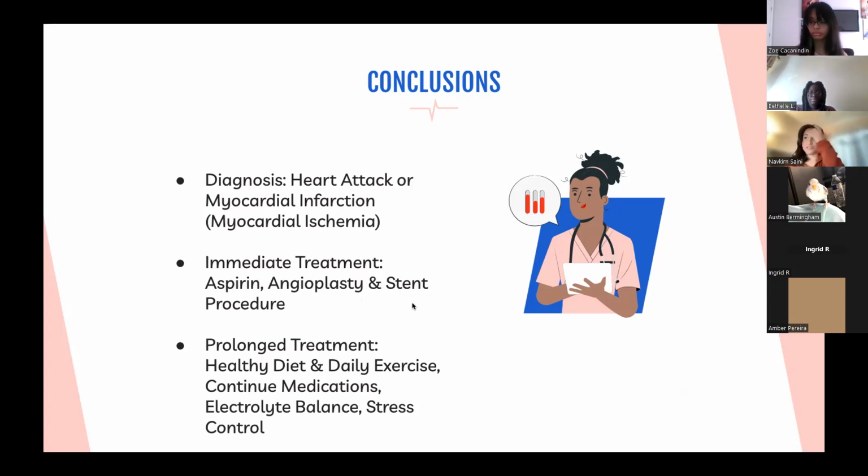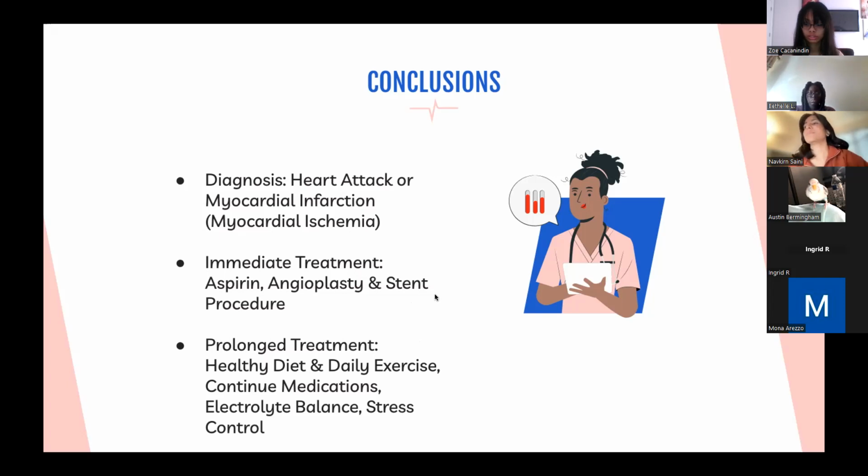So if you don't know, an angioplasty is a special type of tubing that is attached to a deflated balloon that's threaded up to the coronary arteries. With this procedure, it essentially opens up the arteries to allow for better blood flow after a heart attack.